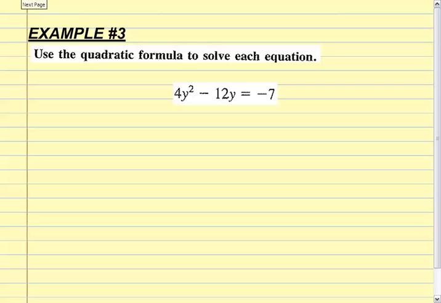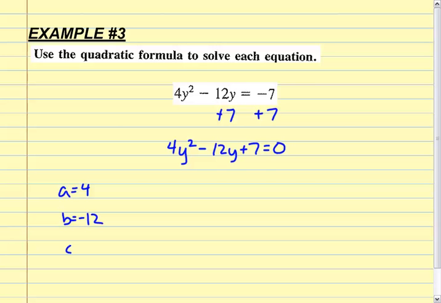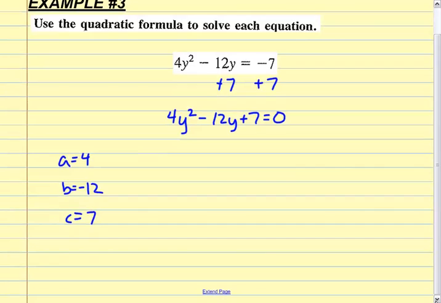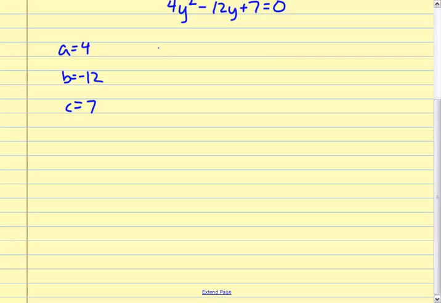Okay, so now I have to use the quadratic formula for this one. The first thing I want to do is get everything on the left side so I'll know what a, b, and c are. All right, so add 7. 4y squared minus 12y plus 7 is equal to 0. Okay, so that means that a is equal to 4, b is equal to negative 12, and c is equal to 7. All right, now I'm going to write the quadratic formula just to remind you and me what it is.